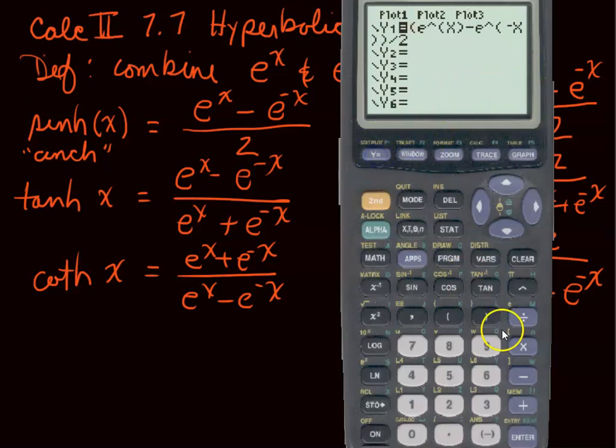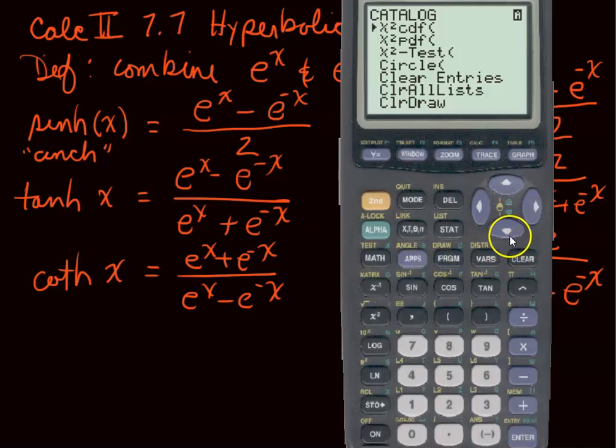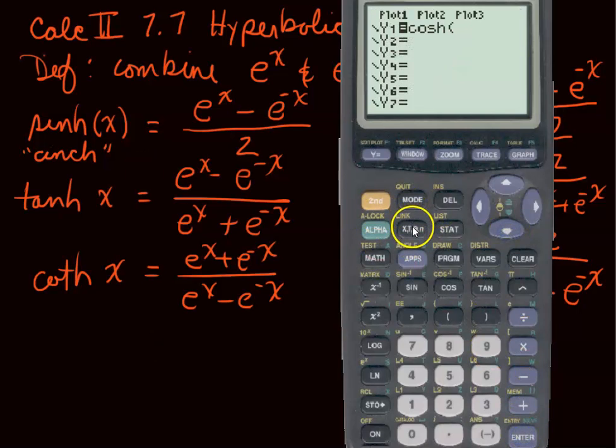If we go to y equals and clear that out, you can go second catalog. The cosh is in the C's. We're in alpha mode, so click on the C, go down until you see cosh x.